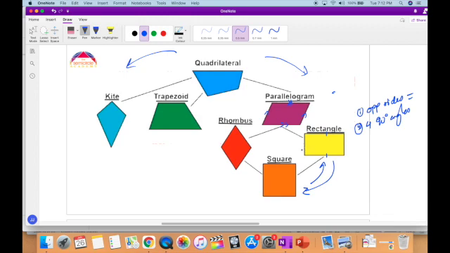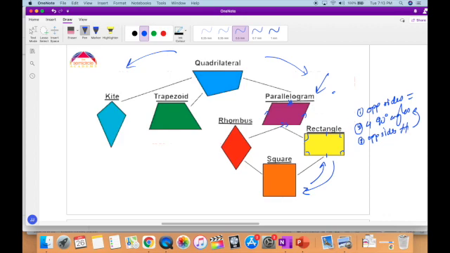So we have 90 degrees here. Number 3, opposite sides parallel. And of course, that'll account for your 90-degree angles as well. But you have to have 90-degree angles, because you could have opposite sides parallel and it's still not a rectangle. It's a parallelogram.